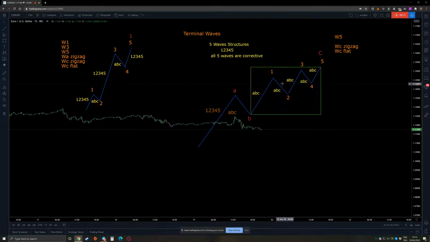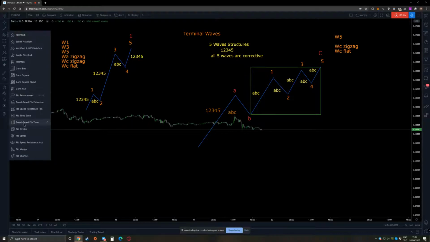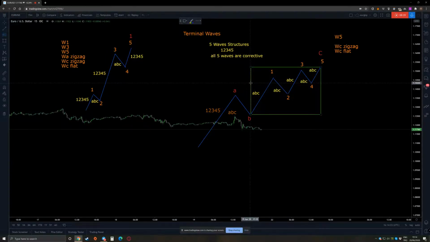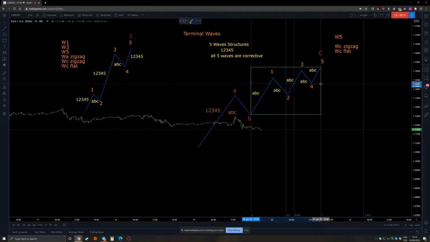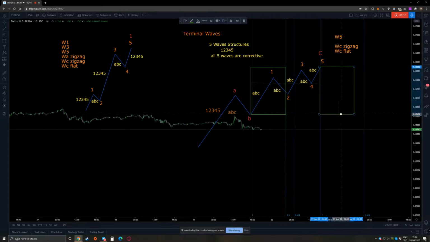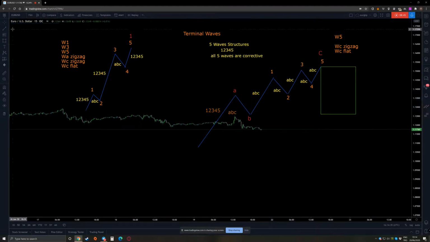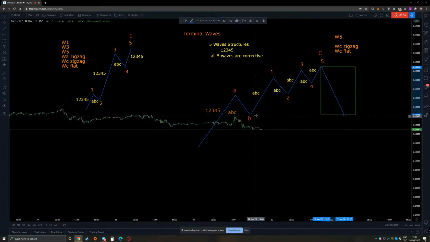Now, what's nice about this terminal move is this. Look at the time taking for wave C, okay? What I do is I take my Fibonacci time zone tool and go from the start to the end. I take 50% of the time and I paste it at the end of fifth wave, okay? Then I delete all of this. Now, if this is a terminal move, the price action has to go in this time, maximum 50% of the time, to where it starts, which is the end of B wave.